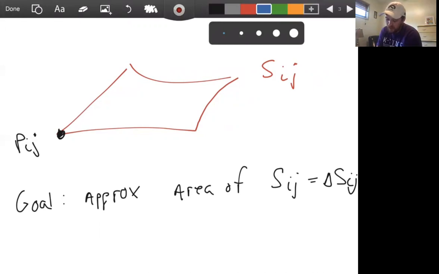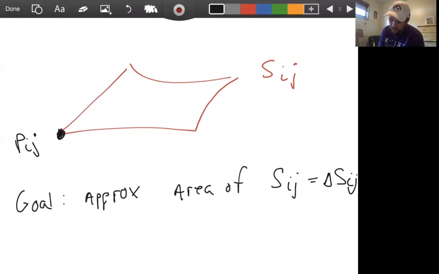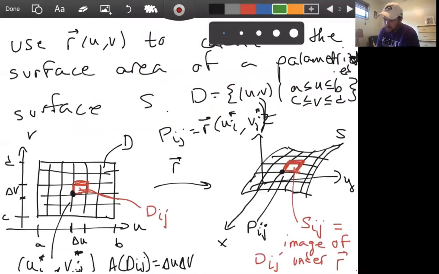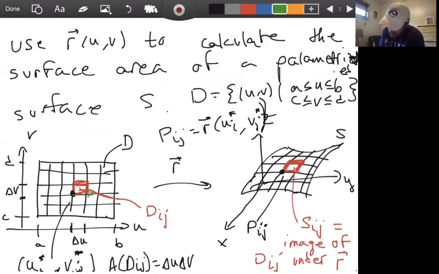If we are at this point Pij here, we can travel in the direction where the surface is changing with respect to the parameter u, right? And this is exactly the vector r sub u.